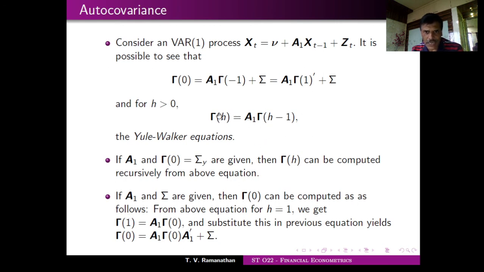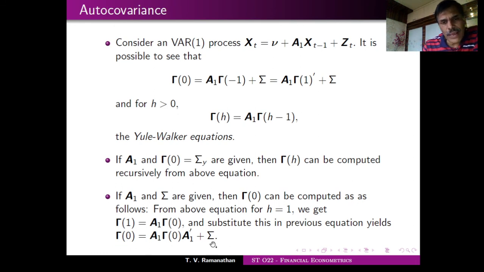From this equation, I will write gamma 1 equal to A1 gamma 0. And gamma 0 is, you can get the expression here, A1 gamma 1 prime plus sigma. So this gamma 1 I will replace again with gamma 0, because this is prime. Gamma 0 is a symmetric matrix, so it is gamma 0 A1 prime plus sigma. So I substitute that, and you get an expression like this.